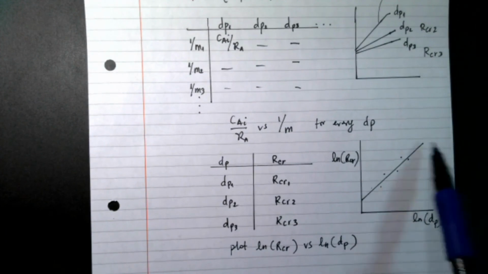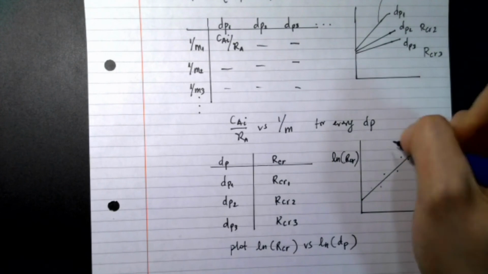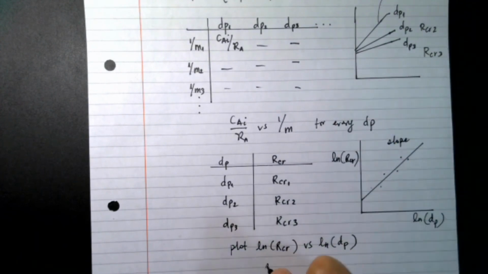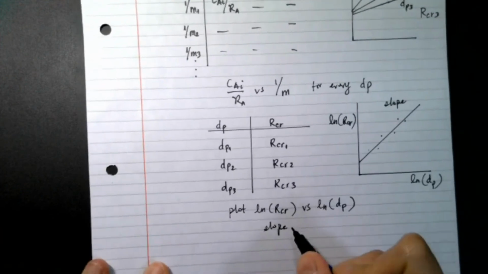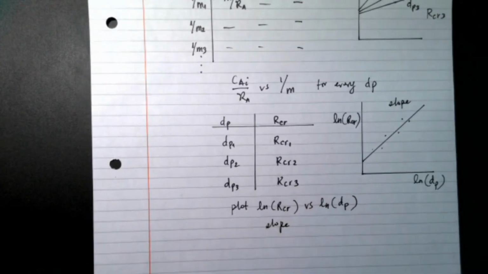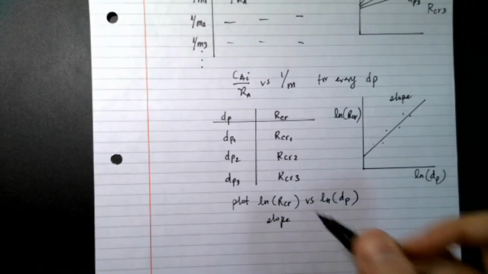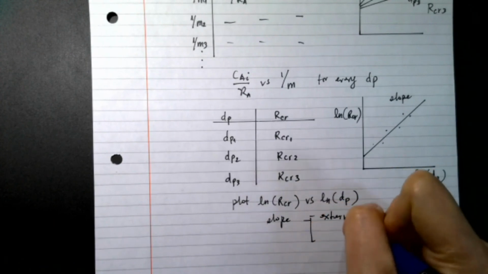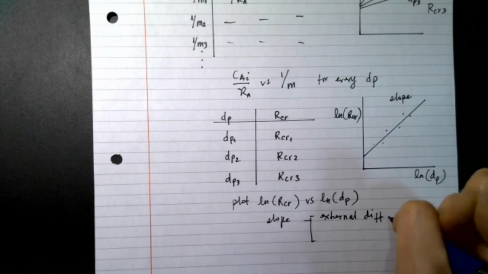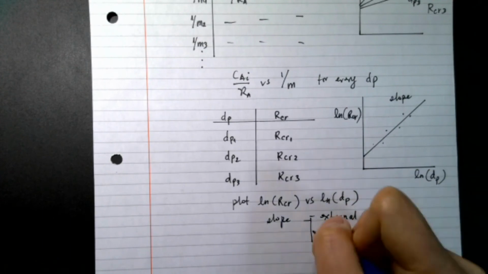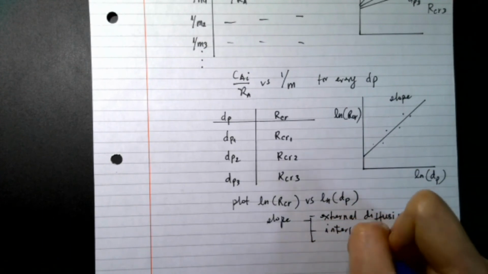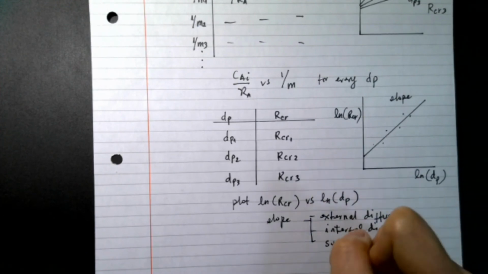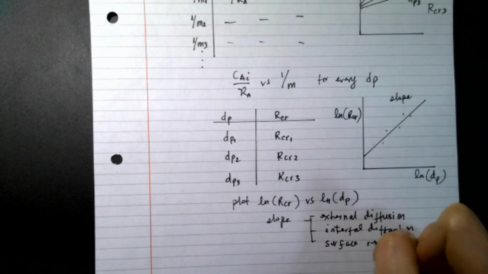The slope of this line will tell you what the controlling step is, whether it is external diffusion, internal diffusion, or surface reaction.